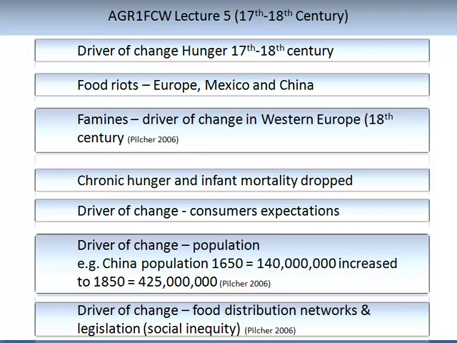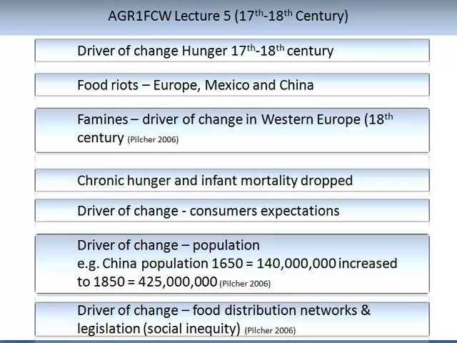After agricultural change started to occur, the hunger issue was in some part addressed. People's expectations then changed. Consumers' expectations became a driver of change. They no longer wanted the plain subsidies that were offered, but wanted more.